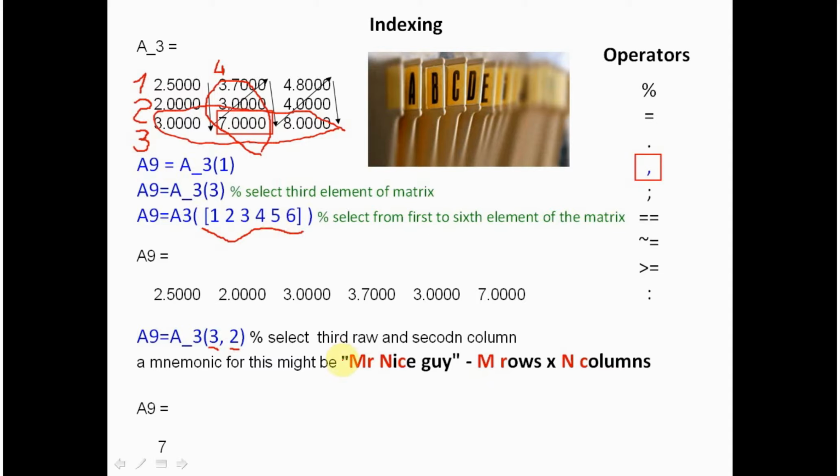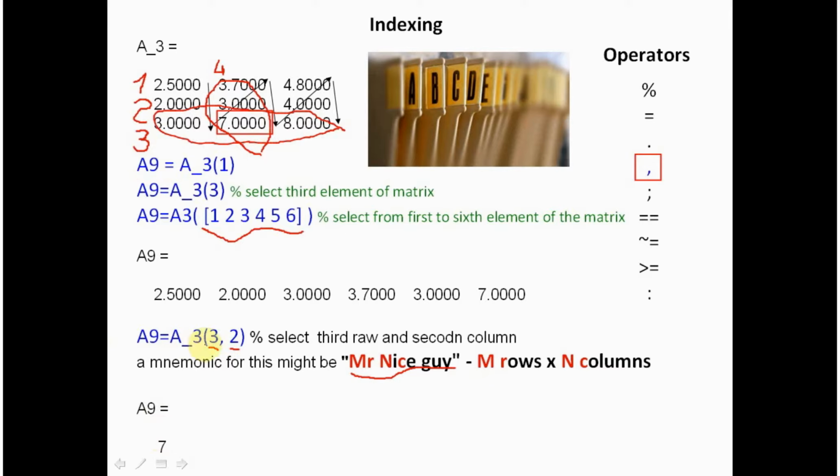There is a mnemonic to remember the order: Mr. Nice Guy. M stands for rows and N stands for columns. So if you type something like this, you will get 7. This element.